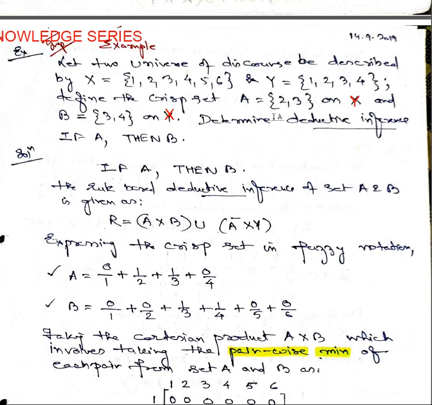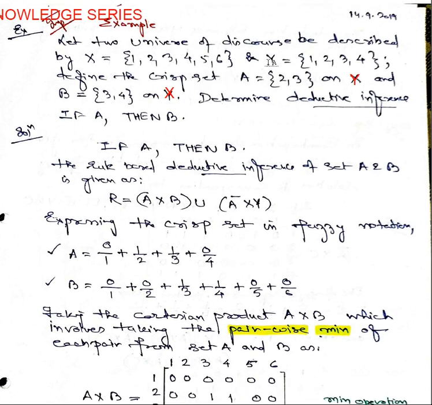Now here the two universes of discourse are taken, classified as x is equal to a set of elements 1, 2, 3, 4, 5, 6. And another fuzzy set we have taken, y is equal to 1, 2, 3, 4. And it is asked to define the crisp sets. A crisp set A is taken where 2 and 3. What is 2 and 3?